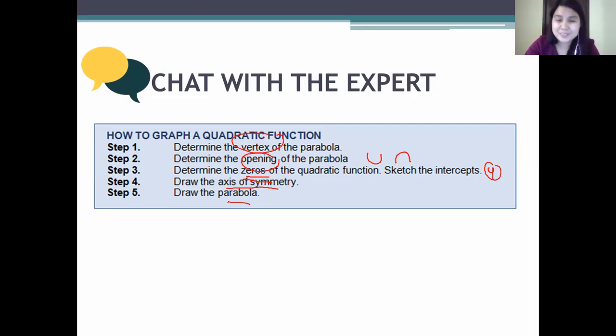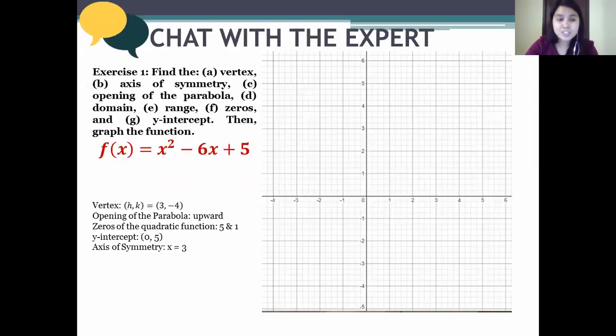Now let's start. Based on our solving a while ago, we have our vertex at 3, -4. Where's that? Here. That's our vertex. Next, our parabola opens upwards.